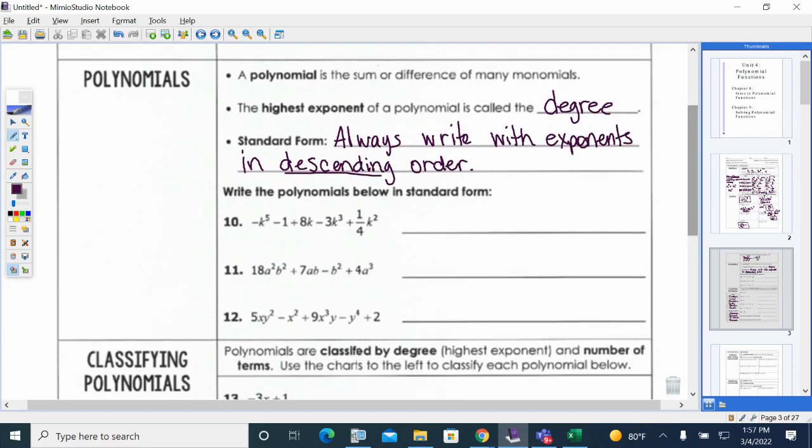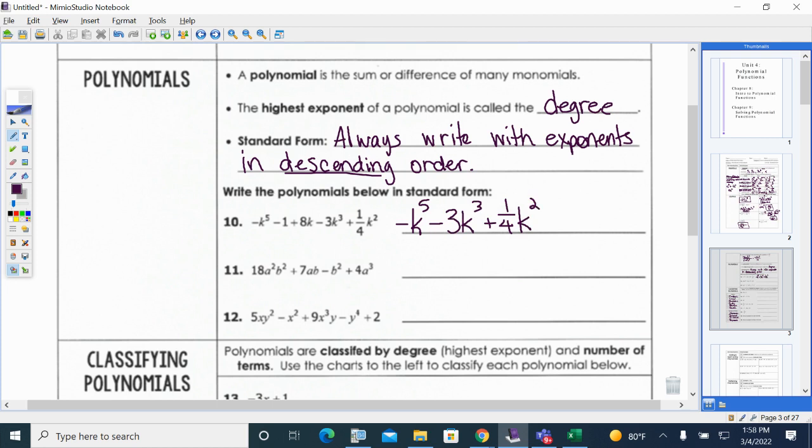So we're going to look at example number 10. Write the polynomial below in standard form. I have negative k to the 5th minus 1 plus 8k minus 3k cubed plus 1/4 k squared. Looking at just the exponents, 5 is the biggest, so that's going to go first. I don't have a k to the 4th, then k to the 3rd would go next, so minus 3k to the 3rd. And then I need a k squared. That's a positive 1/4 k squared.